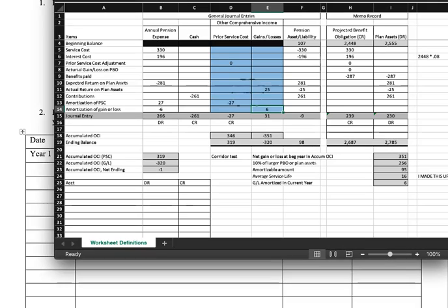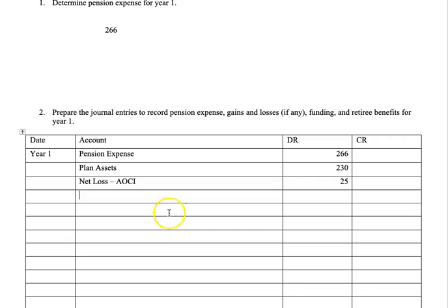So as we decrease a gain, we debit the gain account and credit the actual expense. Okay, so go in here and we're going to hit our amortization of net gain, and that goes to other comprehensive income there for 6.